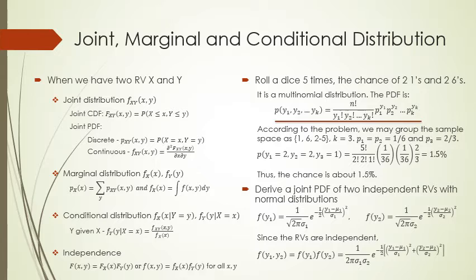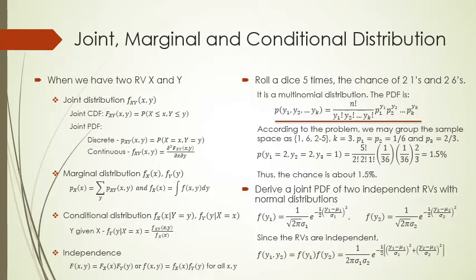Although the sample space is 1 to 6, it may be regrouped into 3 groups for this problem: 1, 6, and 2 to 5. Thus, k is equal to 3 instead of 6.